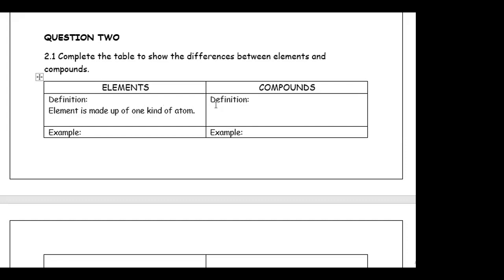A compound is made up of more than one kind of atom bonded together. Made up of more than one kind of atom bonded together.